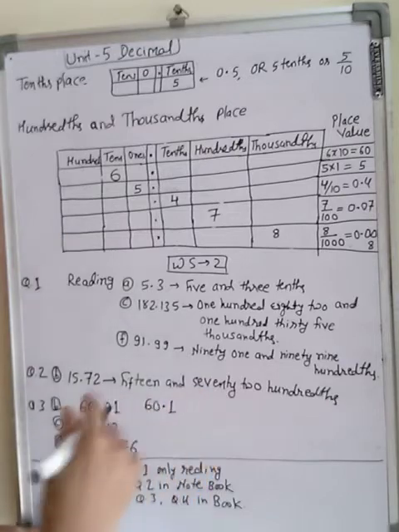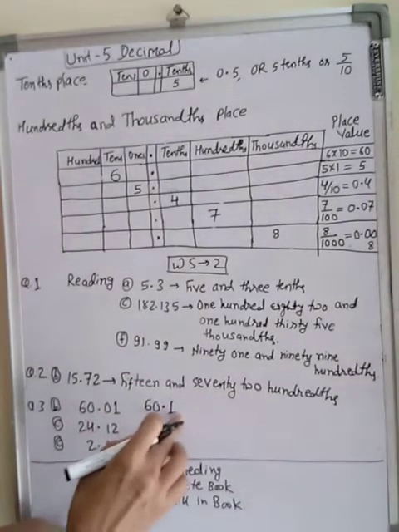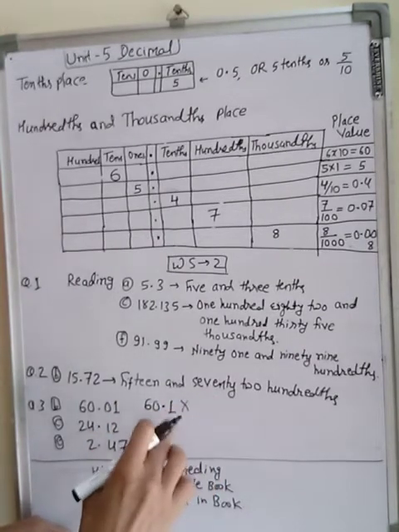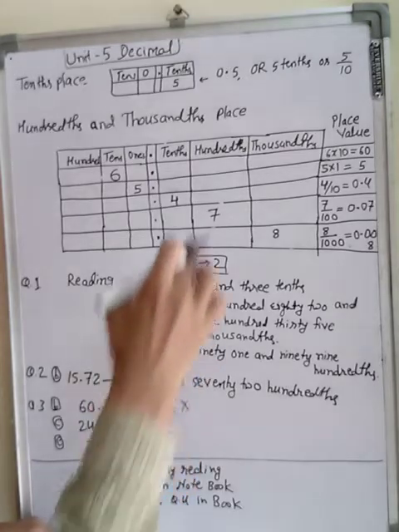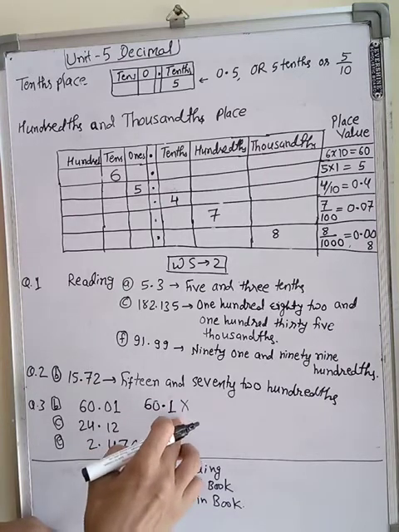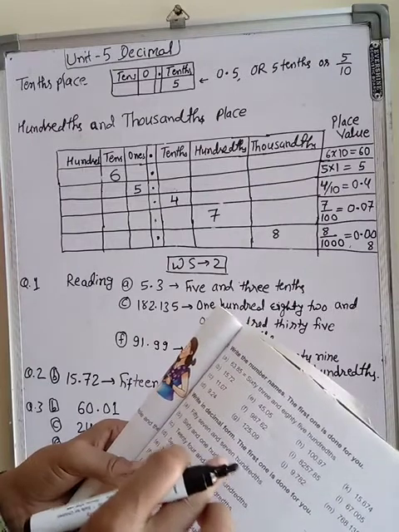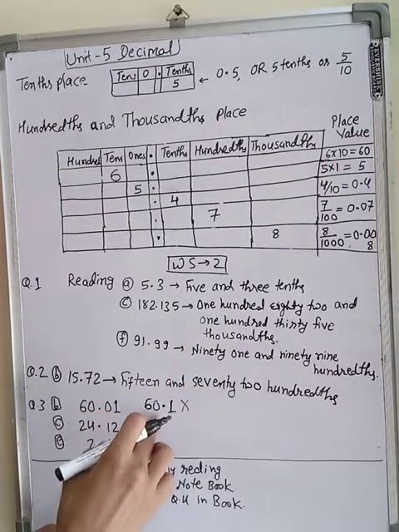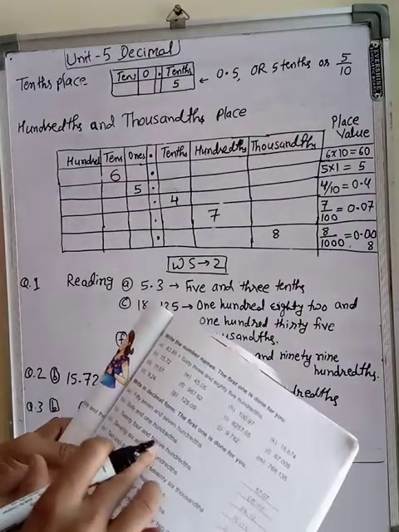The same question, 60 and hundredths, if I write this, is it right or wrong? This is wrong, because what will be the reading of this? The reading will be 60 and 1 tenth, as there is one place, tenths only. Here hundredths is given, so hundredths will be written as 01. So this is wrong.